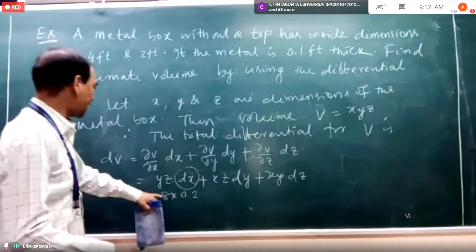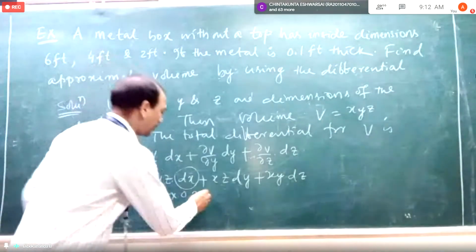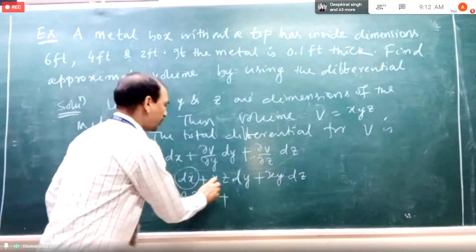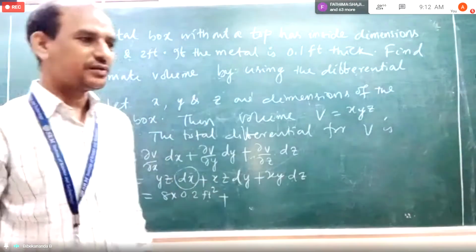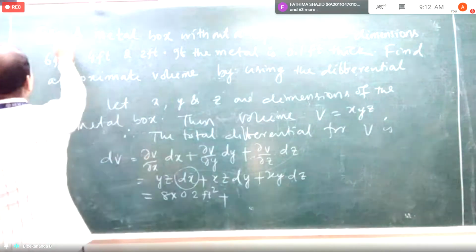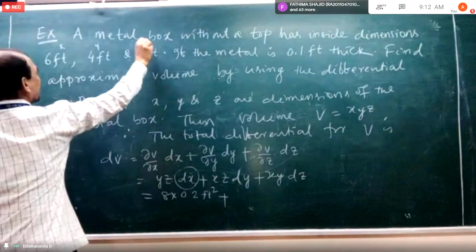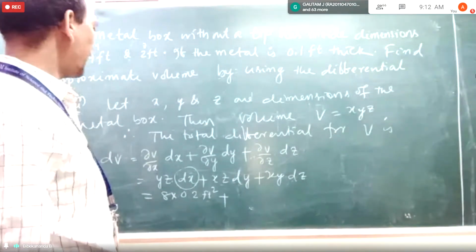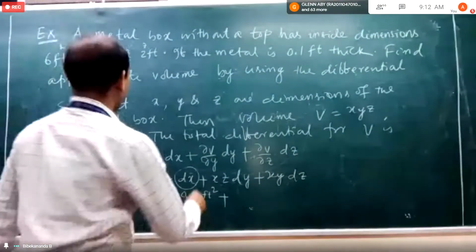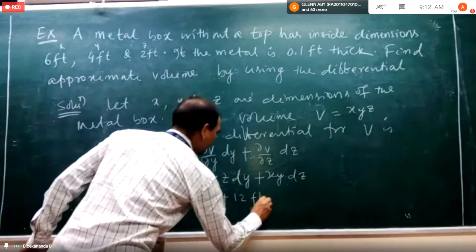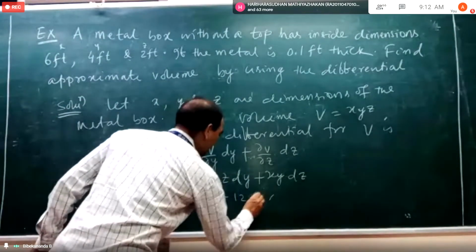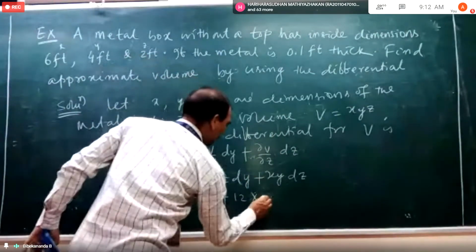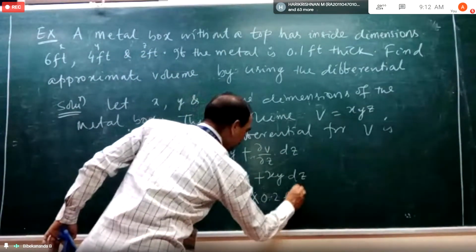So this is 8 feet, this is also 8 feet. So feet square you can see. Plus what is the value of x, what is the value of z? First you consider this one x, this one y, this one z. So tell me what is your xz? 12. So 12 feet square, into, again y is having both side boundary, so I am putting 0.2 feet square.